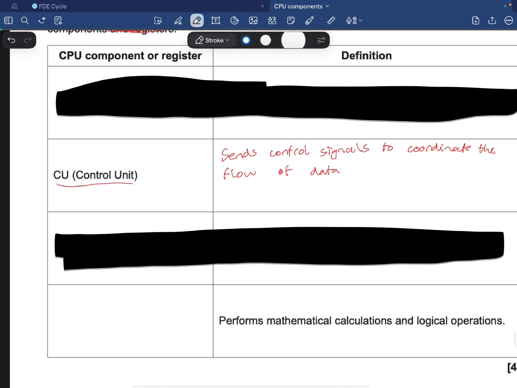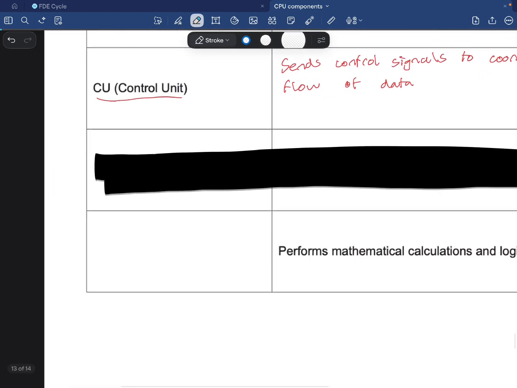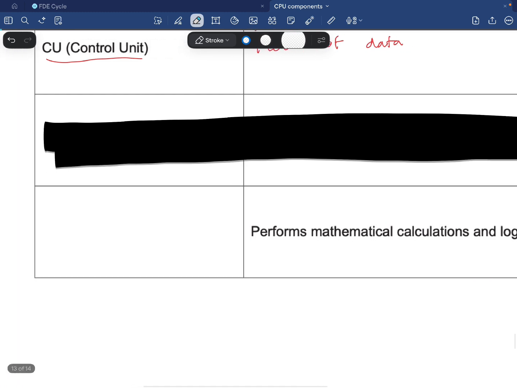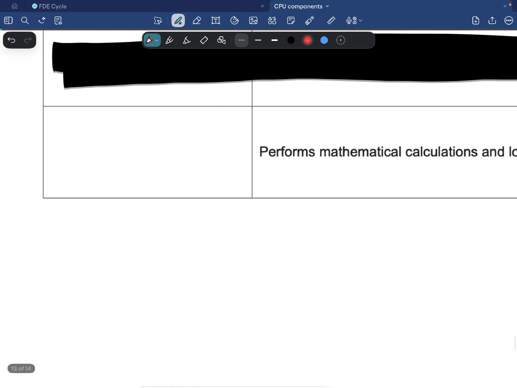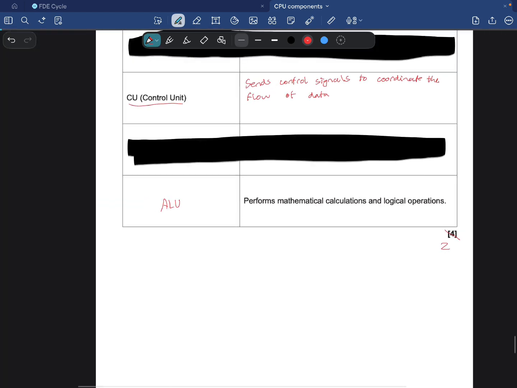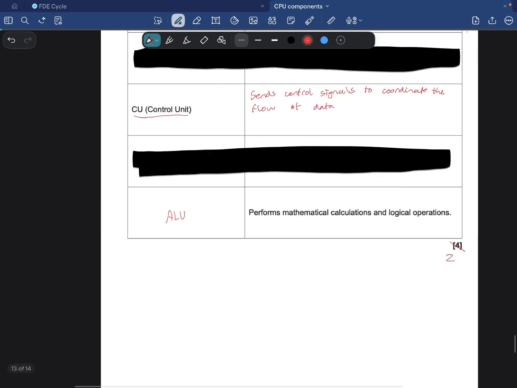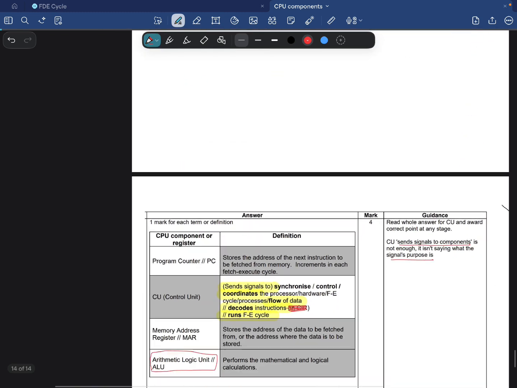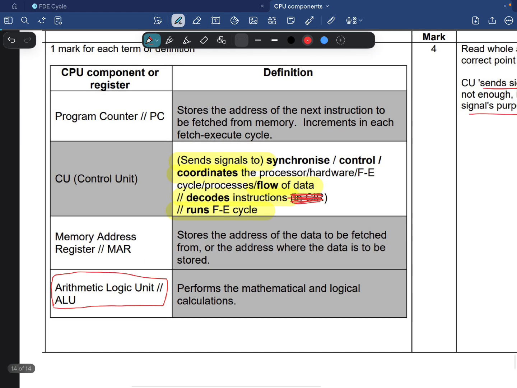That's enough for that 1 mark. Now, what do we know that performs mathematical calculations and logical operations? Obviously that is the ALU, the arithmetic logic unit. This is 2 marks. So now we have the mark scheme answer.